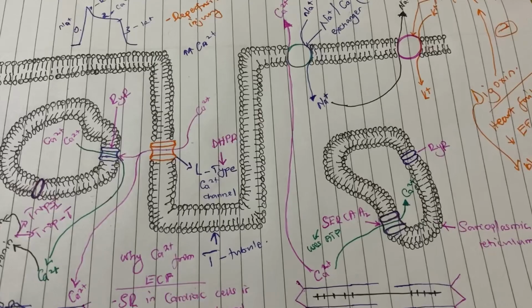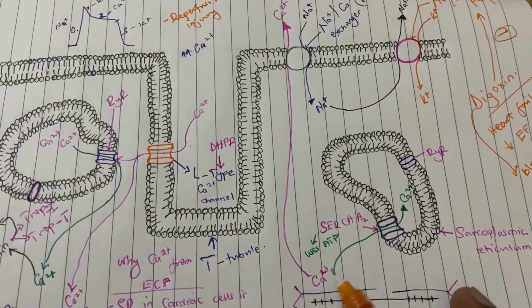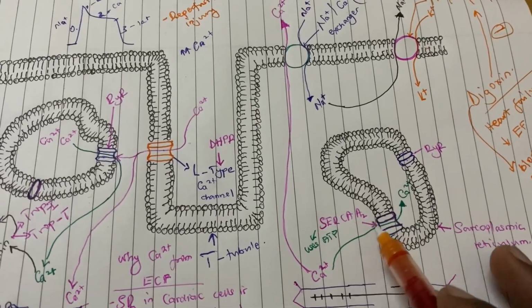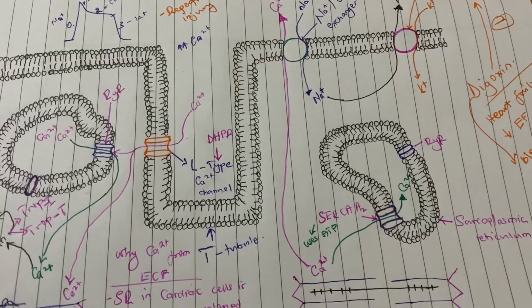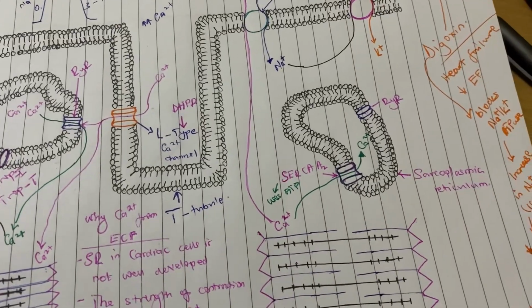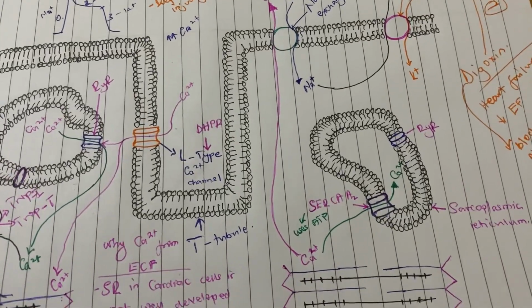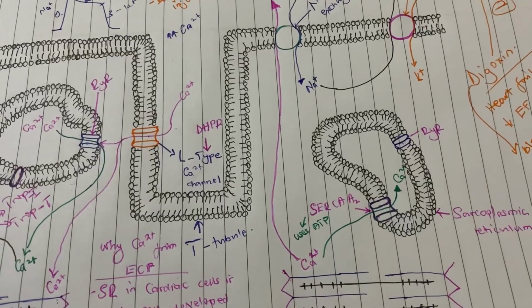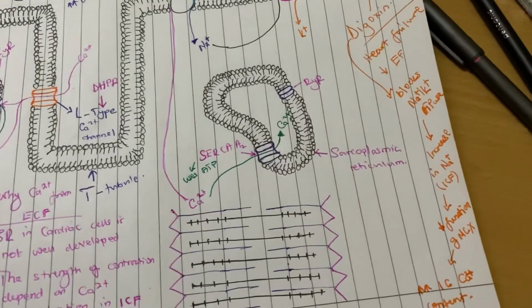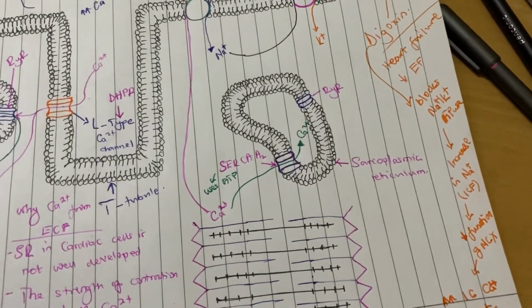So if the concentration here is high, like in loss of function mutations of SERCA2, that cell will always undergo small contractions, and the cell will never rest.